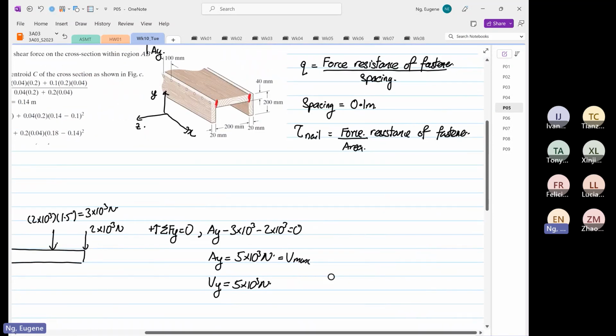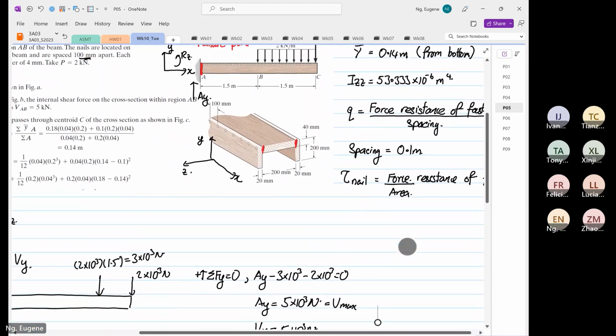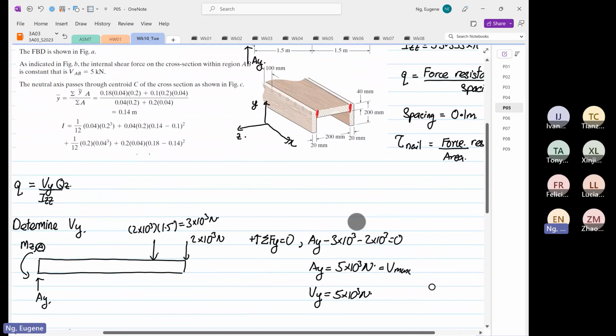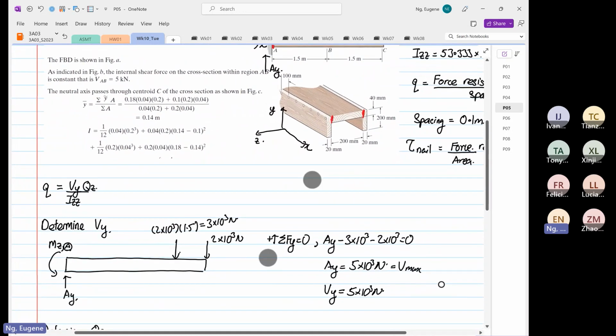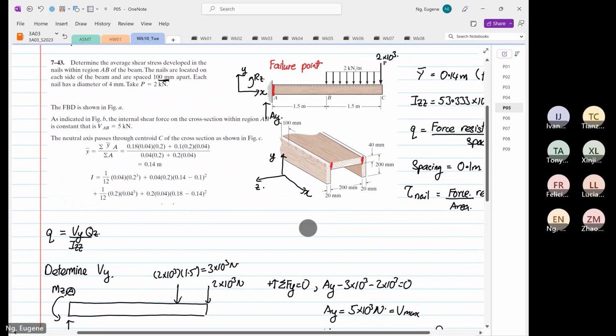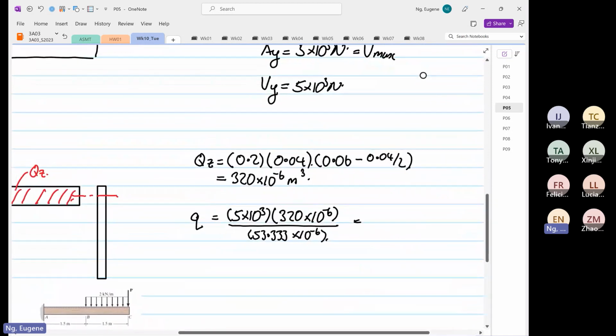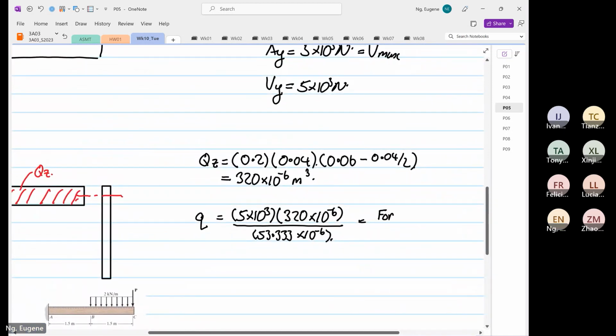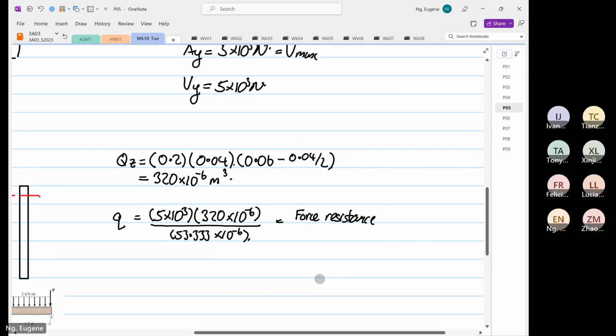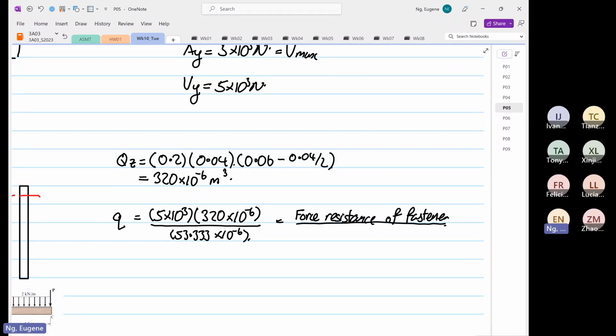Is equal to 2 kilonewton. No, not 2. We don't know the force resistance. Okay. So it's equal to force resistance of fastener divided by the distance. Okay, so the distance we know is 0.1. And then we have to multiply by 2.